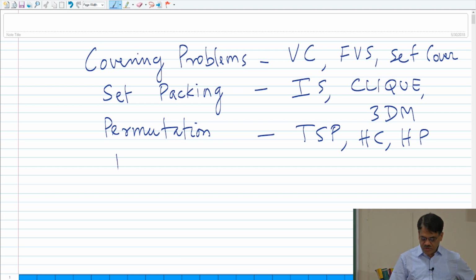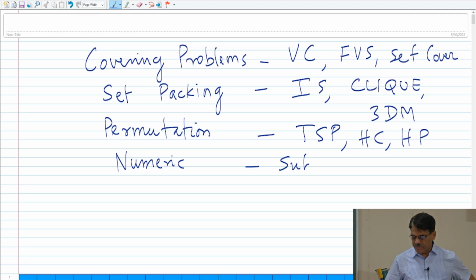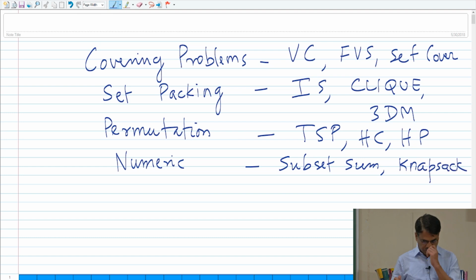And then there are numeric problems, problems where you have some numbers, and this is where I was last time. We were looking at subset sum and knapsack. I mentioned this Cook-Levin theorem in 1971, which showed that the satisfiability problem is NP complete.